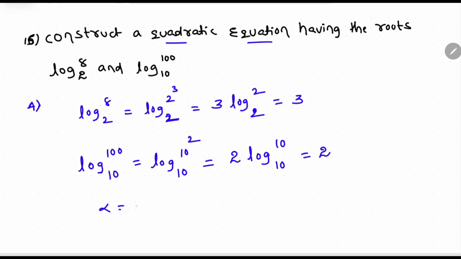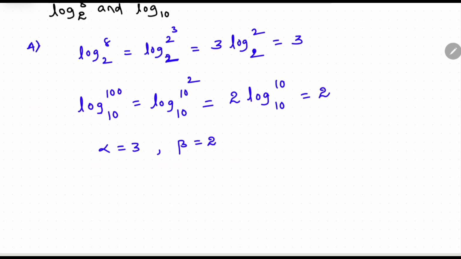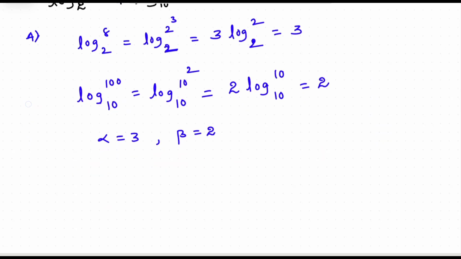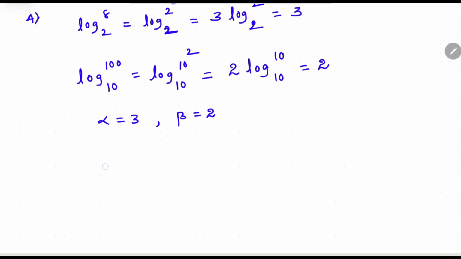Alpha equals 3, one root is 3, and beta equals 2. So here we have a formula. When alpha, beta are the roots, the required quadratic equation will be x power 2 minus x of (alpha plus beta) plus alpha into beta equals 0.